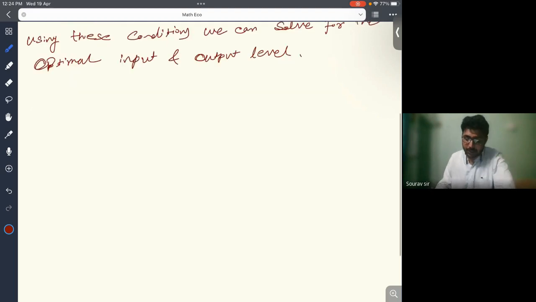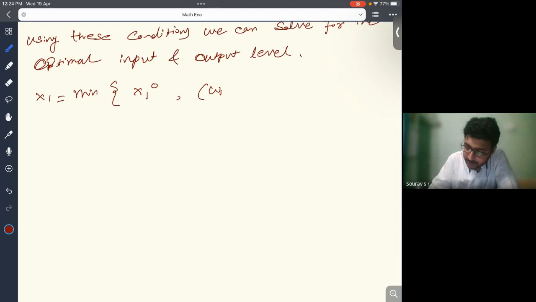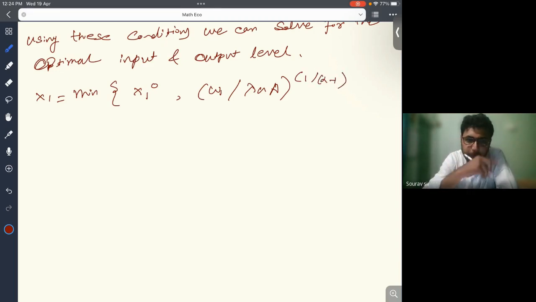So we can write x1 is equal to the minimum of x1 to the power 0 and (w1 by lambda A) the whole to the power 1 by alpha minus 1 into x2 to the power alpha minus 1.